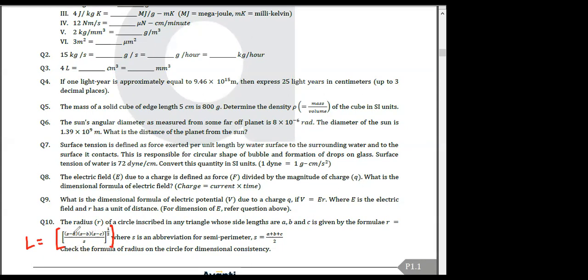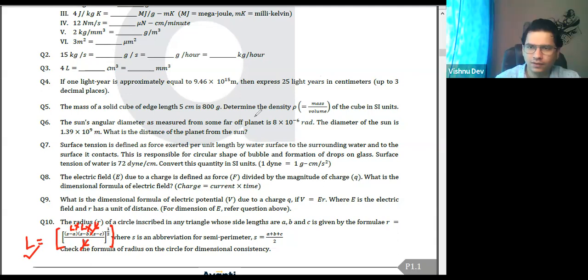S and A both have dimension L, here also L, here also L, and this is also L. That is L into L by L. L will get cancelled, leaving the root of L square. Root of L square is L only. Got this, everyone? Easy here? Very good. Next. So the 10th one is done.